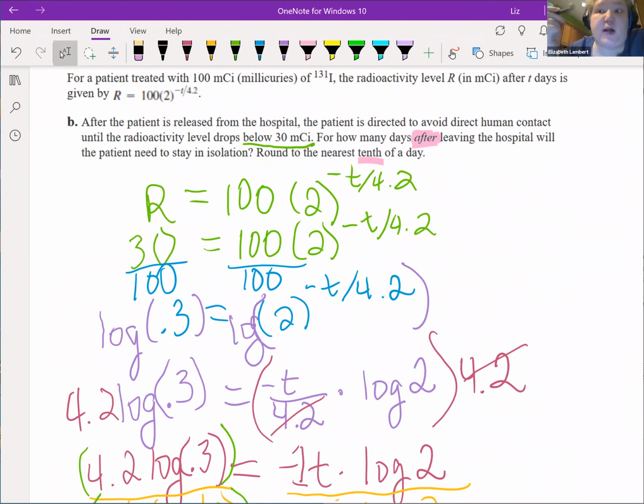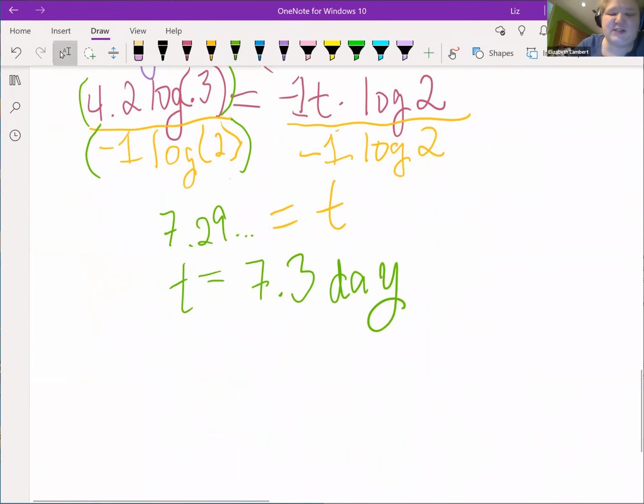Made the big deal about after, and I almost forgot. That's why sometimes just highlighting it isn't enough. I might put a big star on my paper to remember that you need to take off too. So after leaving the hospital, well, she already spent 2 days in the hospital.